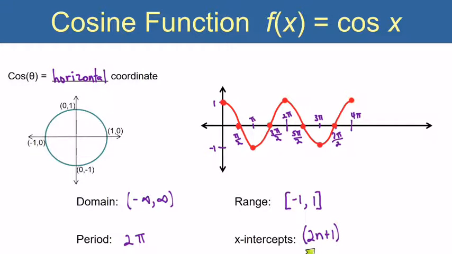So this is kind of math code or math symbolism for an odd number. So we want to say the odd pi over 2's, so I'll write this expression, odd pi over 2's, and I'll specify now that n can be any integer.